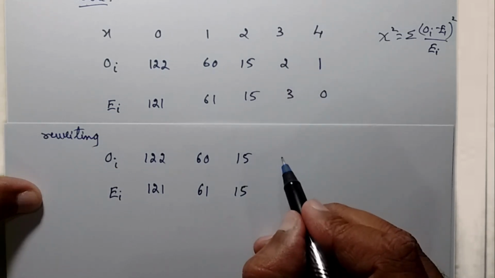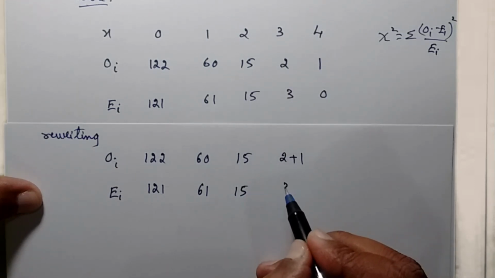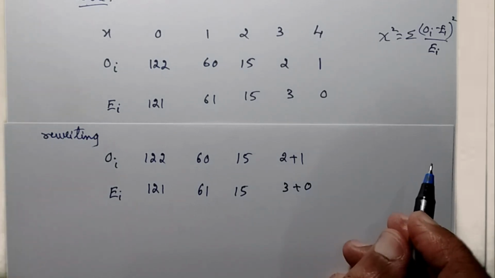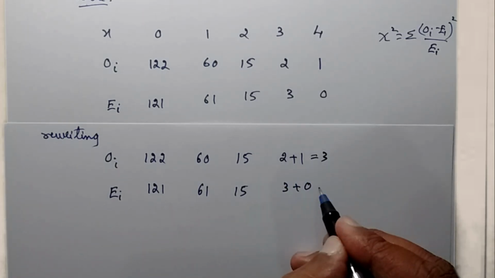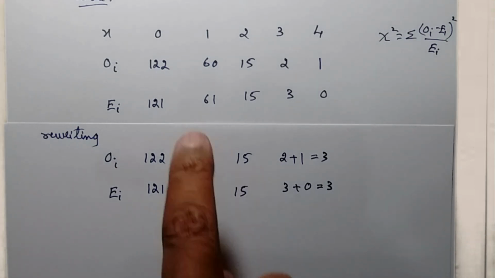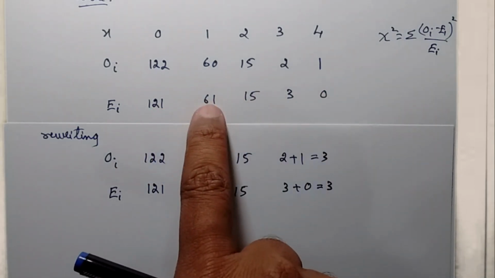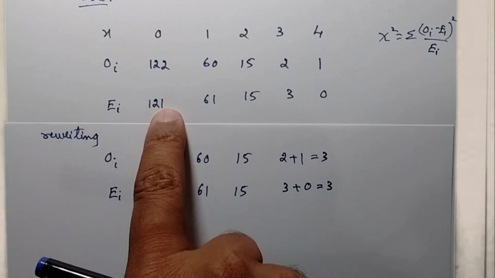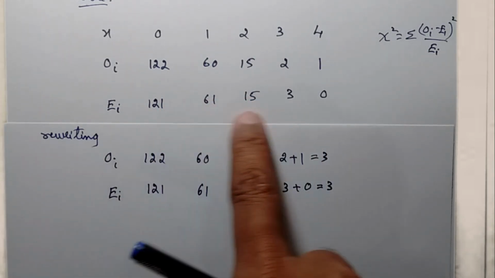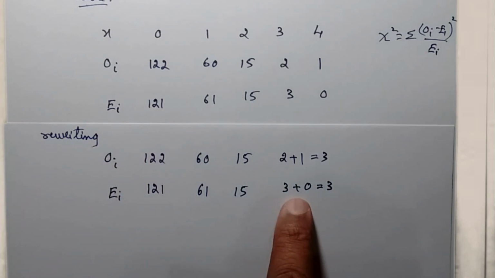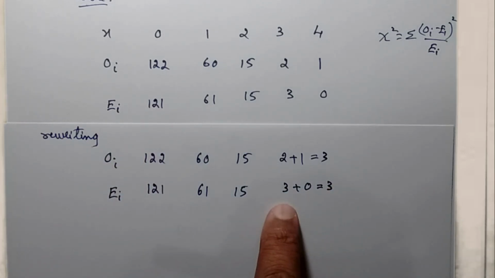Finally these two values I will add: 2 plus 1 becomes 3, and 3 plus 0 becomes 3. Whenever you get 0 in ei, you can add it either to the previous value or to the next value, but you have to avoid 0 in ei. This is how I have avoided that 0 value, by adding to the previous value.